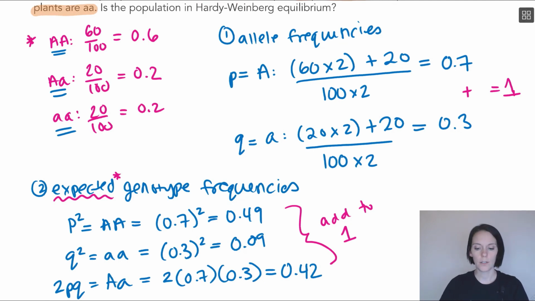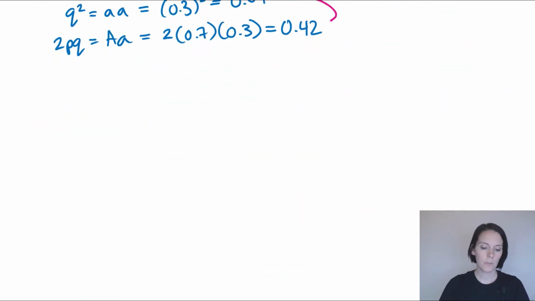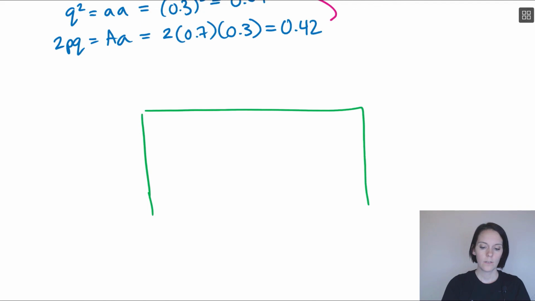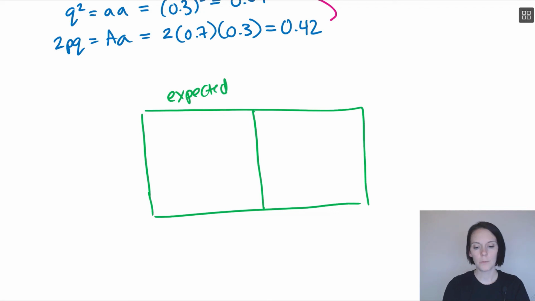So now we have to compare the expected genotype frequencies with the observed genotype frequencies that were given in the question here. Let's make a little table to compare our genotype frequencies that we expected and what we actually observe.